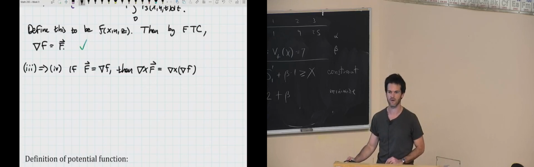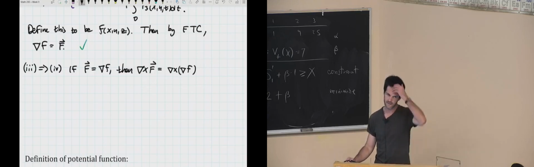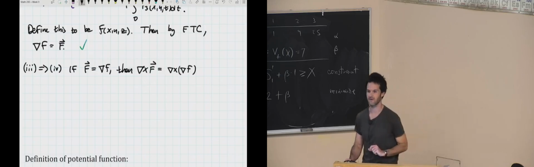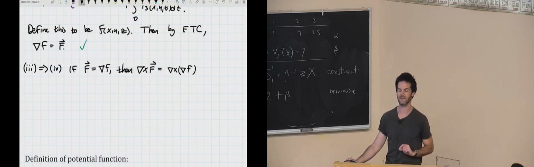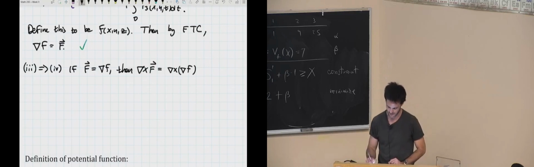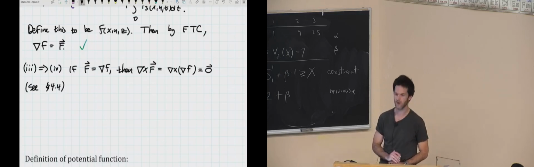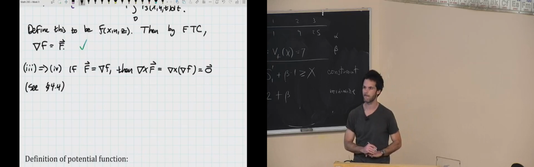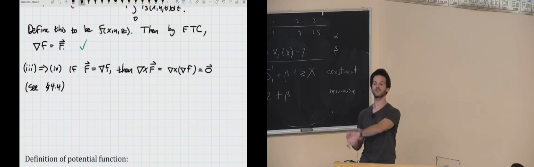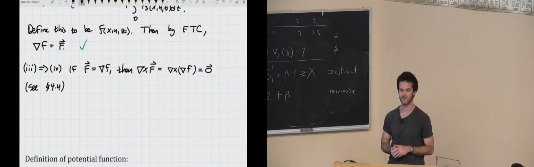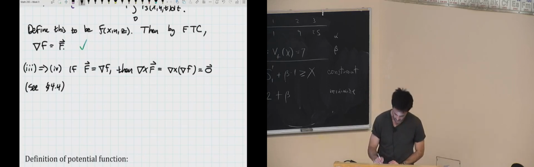What's the curl of a gradient? Yes, sir? Yes, the curl of any gradient is always 0 by the equality of mixed partials. So this was a property that we verified in section 4.4. Curl of a gradient is always 0. Kind of like divergence of a curl is always 0, too. These are two useful identities. Okay.